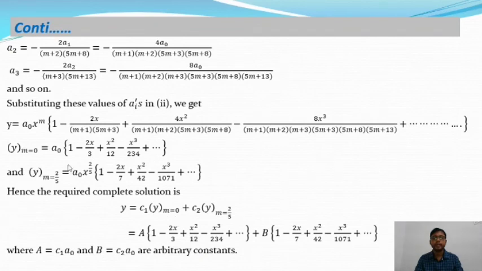This is the value of y at m is equal to 0, and this is the value of y at m is equal to 2 by 5, and it will be b x to the power 2 by 5 into 1 minus 2x by 7 plus x squared by 42 minus x cubed by 1071 and up to infinity. So where a is equal to c1 a0 and b is equal to c2 a0, and these are the arbitrary constants.